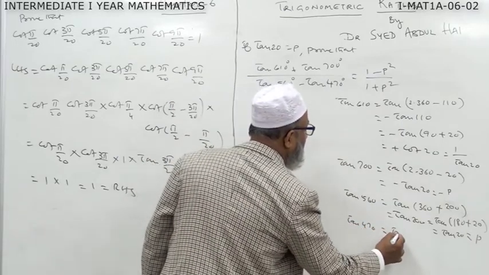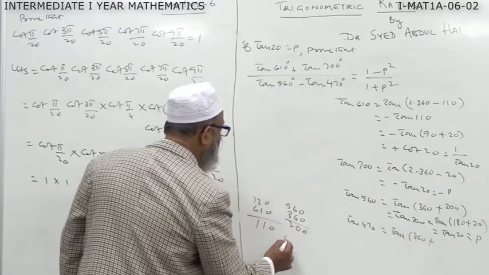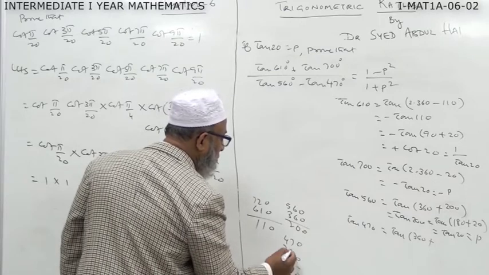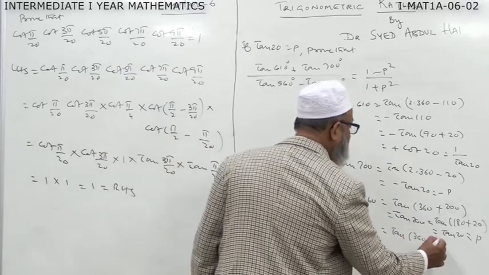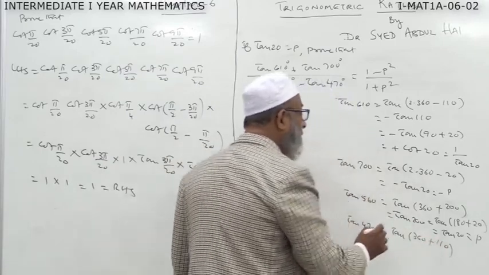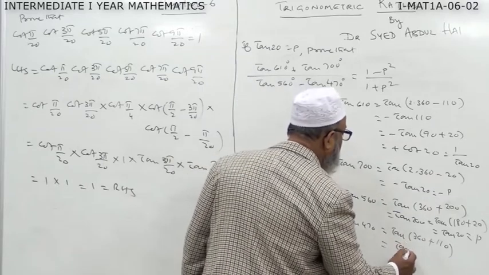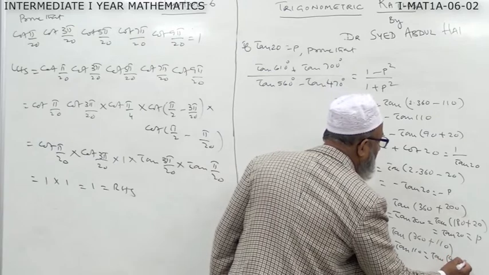470 can be written as 360 plus (470 minus 360), so 360 plus 110. Tan (360 plus theta) is tan theta, first quadrant, so that is tan 110. Tan 110 can be written as tan (90 plus 20).